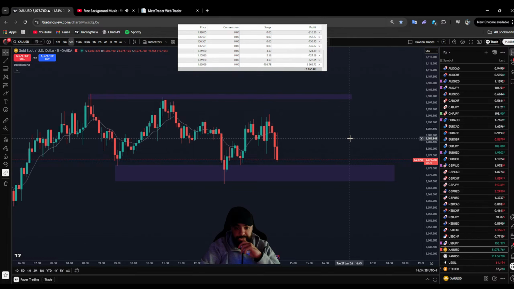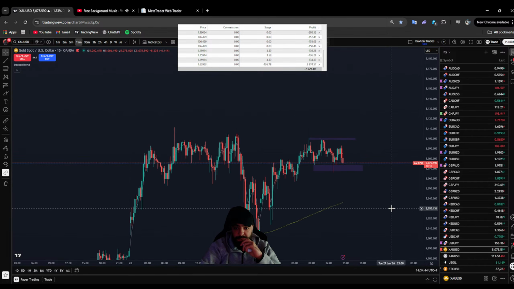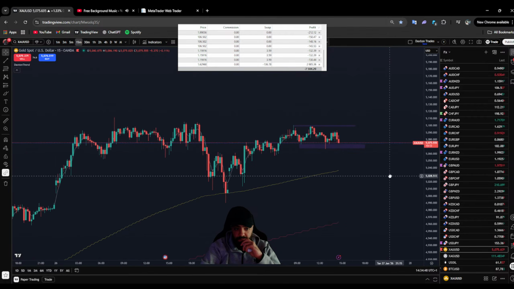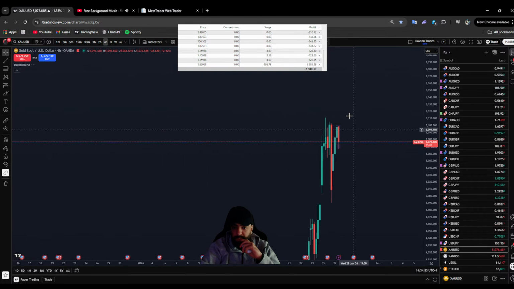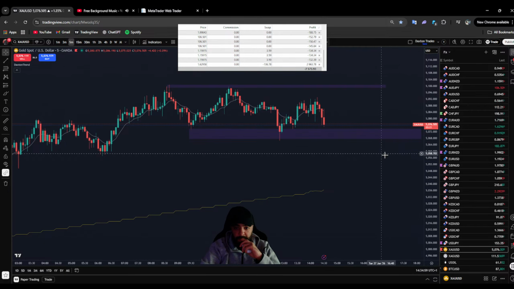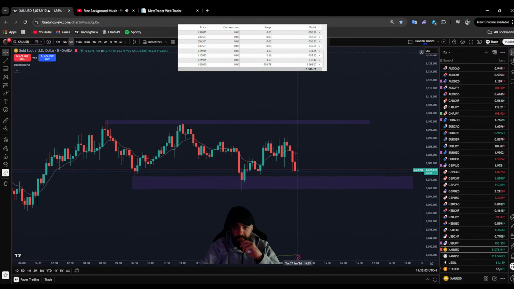Come on, come on, come on. Let's go to the higher time frame and see. So let's see. All-time high was at 51.12. Let's see if we can get an entry at this zone.